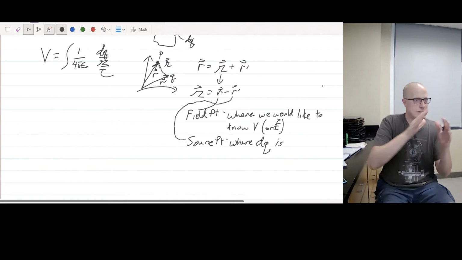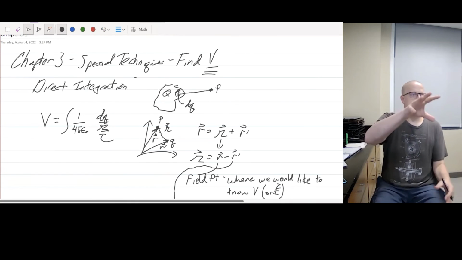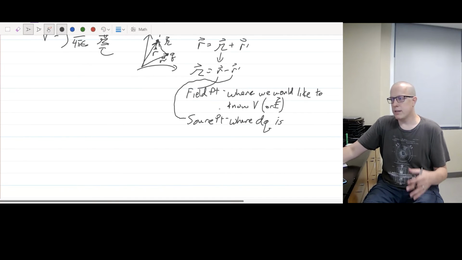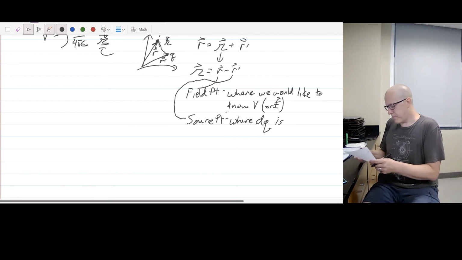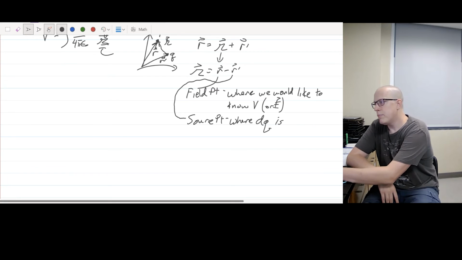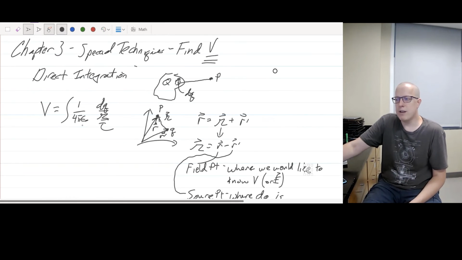That process of doing it in two steps is a lot easier than trying to go right for script r. Usually that will be an extra step that will make your life a little bit easier.